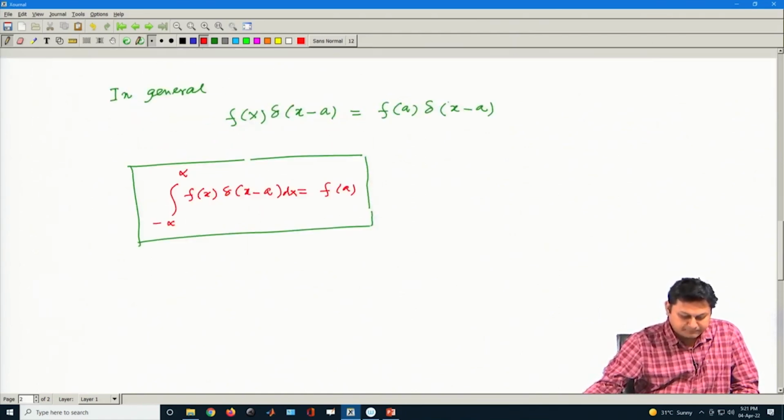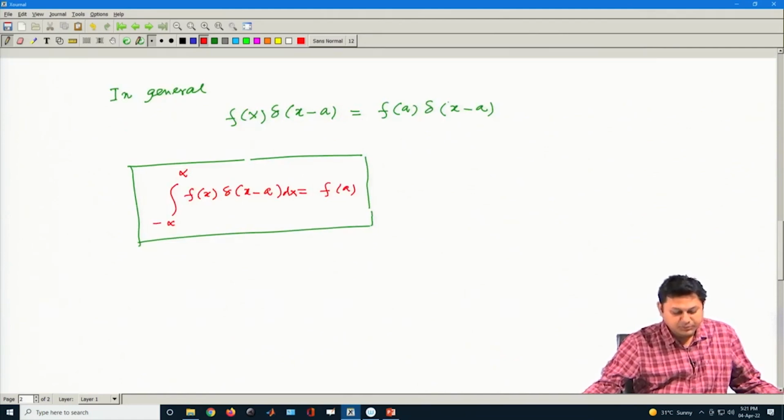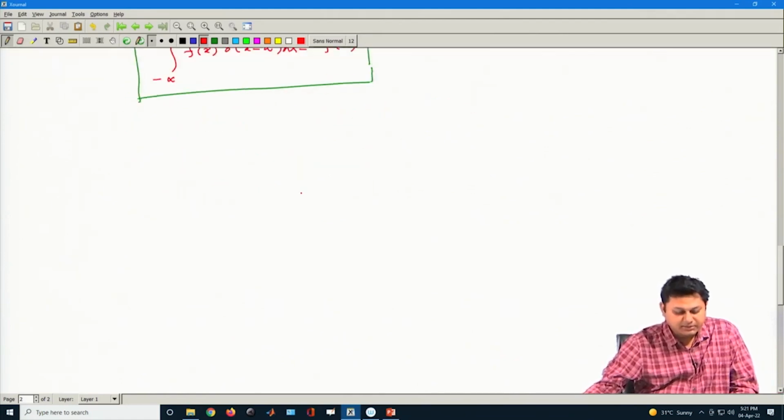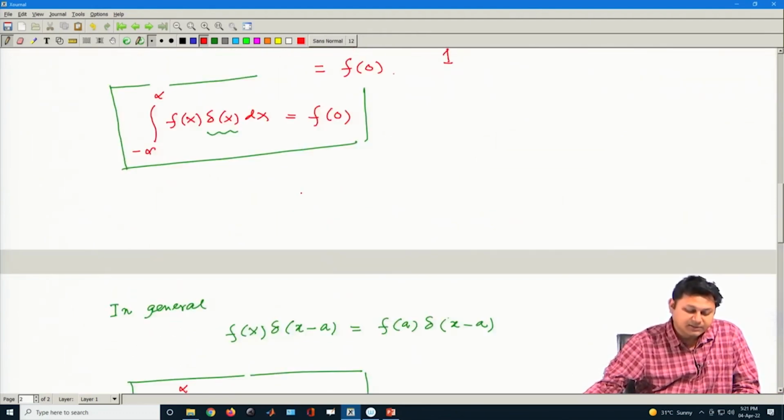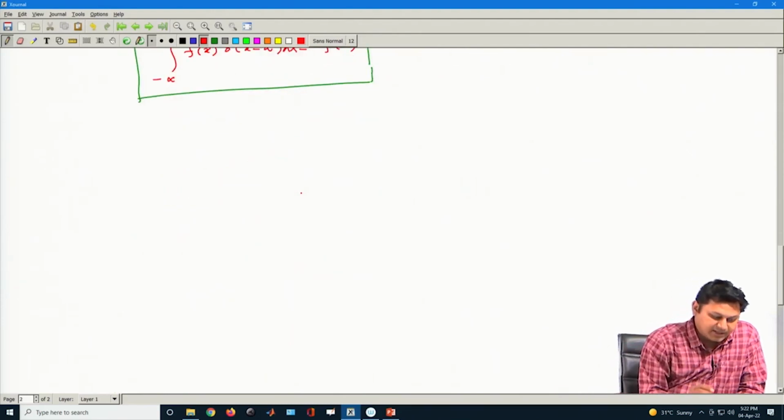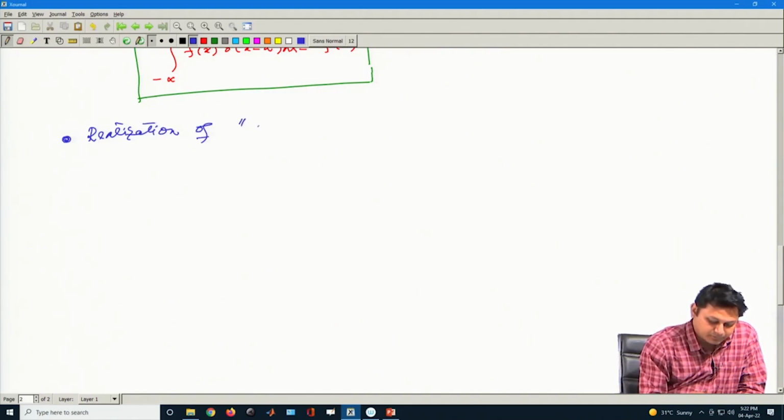Okay. So, now we would like to understand quickly how the delta function is realized in reality. Realization of the delta function.